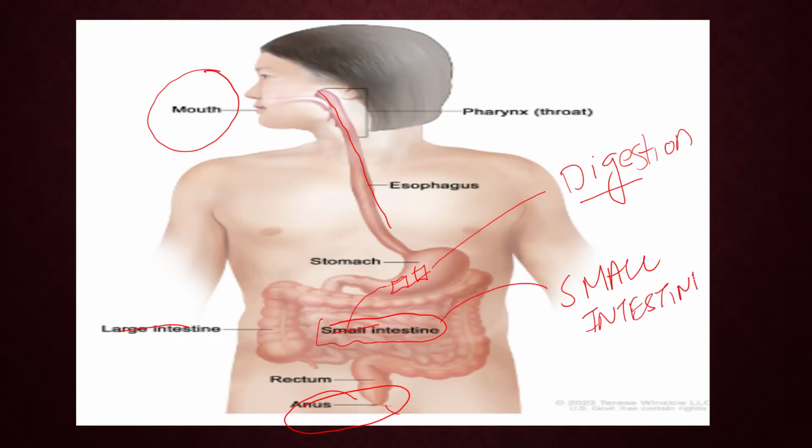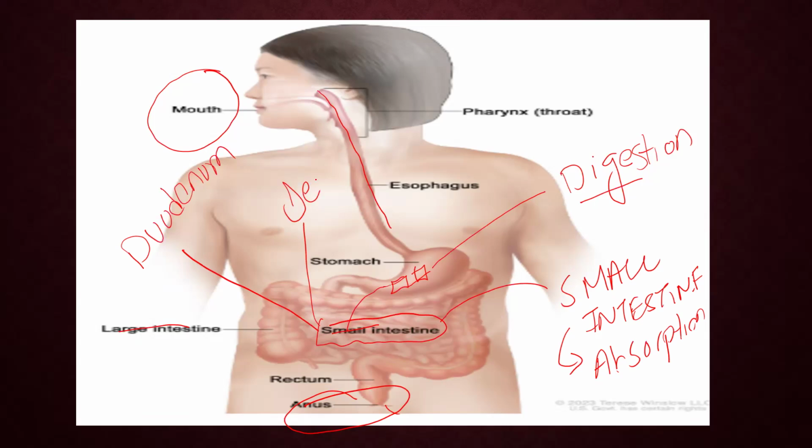So absorption in malabsorption syndrome is impaired, right? Now I'm going to discuss it in more detail. The small intestine has three parts: duodenum, jejunum, and the third part is ileum, right?